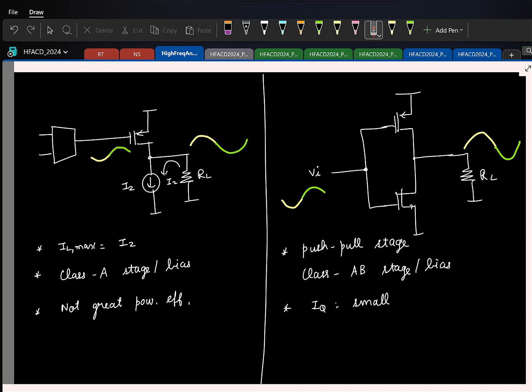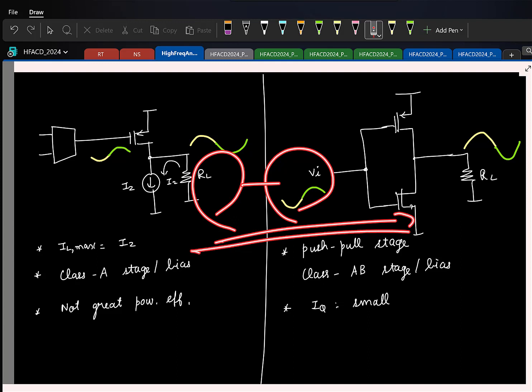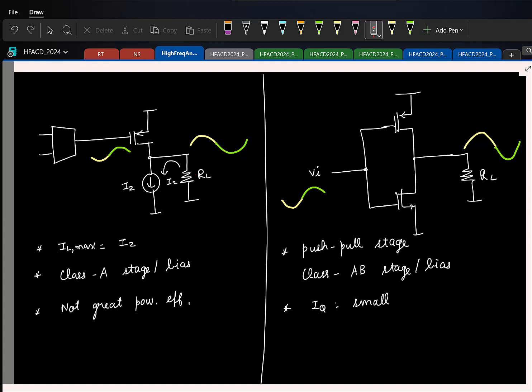But typically it is okay, because as we saw, finally this is going to be used in negative feedback. As long as you have sufficient gain coming from the op amp, say two stages before giving a lot of gain, then in negative feedback, the negative feedback will reduce the non-linearity.